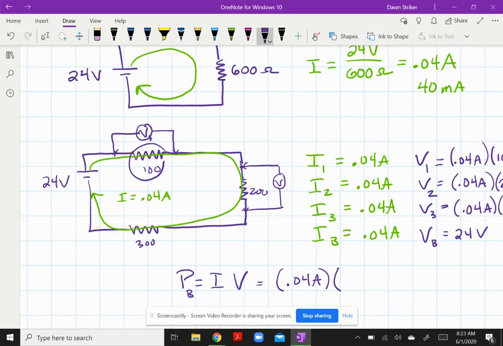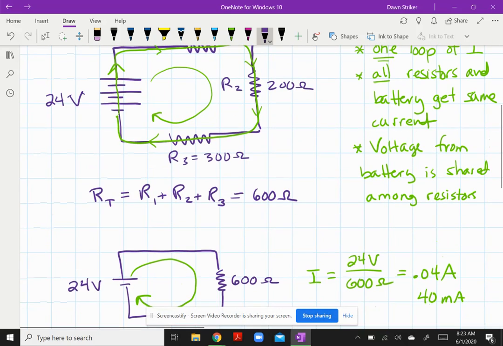Oops, there's my coffee maker turning off. And the voltage provided by the battery is 24 volts. And so I'm going to do 0.04 times 24. 0.96 watts. All right, there is my series circuit.